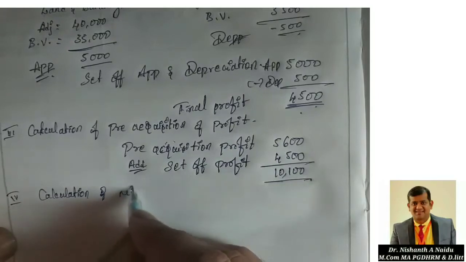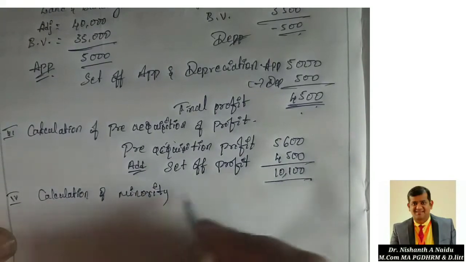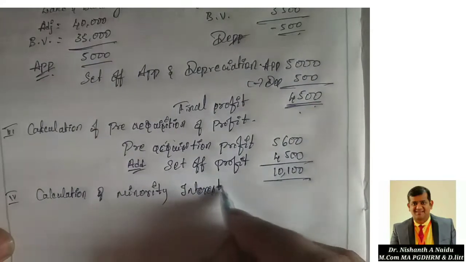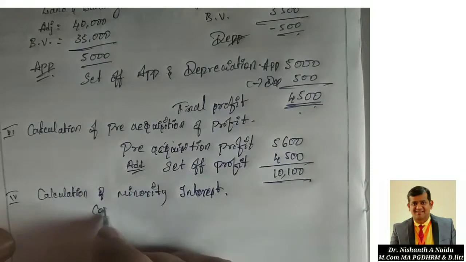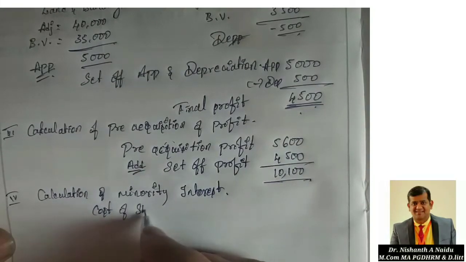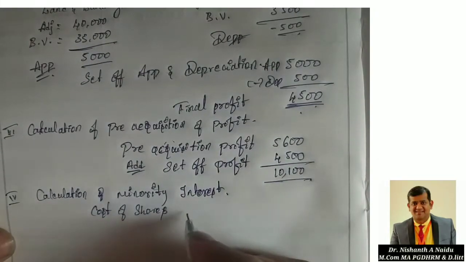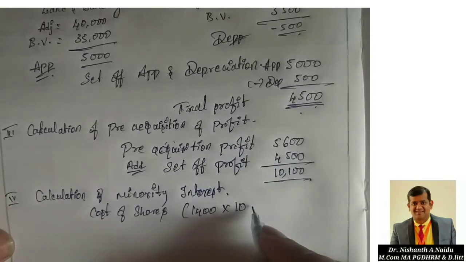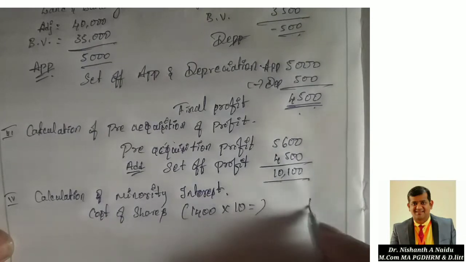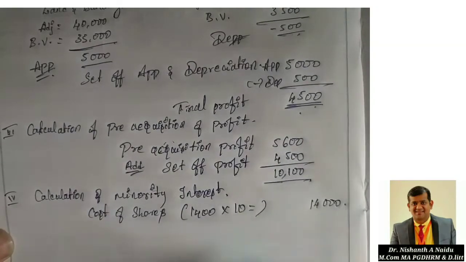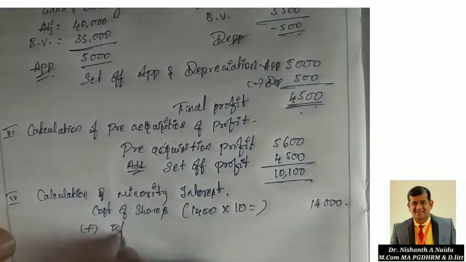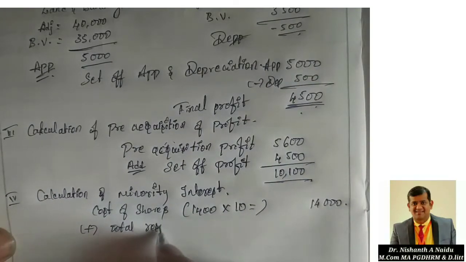So next step is calculation of minority interest. Calculation of minority interest. So cost of shares, how many shares of minority do we have here? 1,400, right? So 1,400 shares, face value is 10 rupees. So that equals 14,000. Okay, then add total reserves.